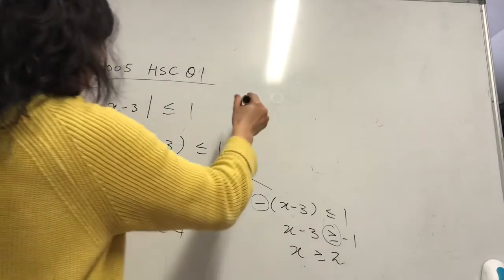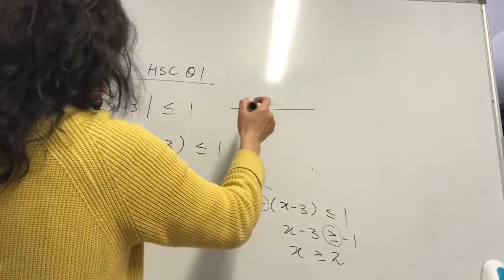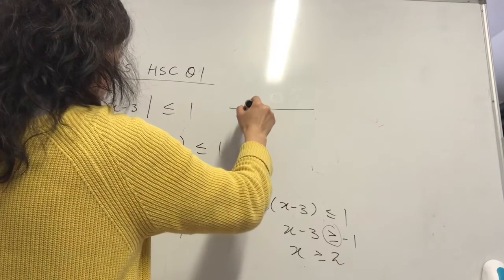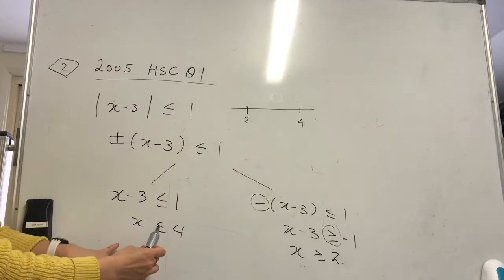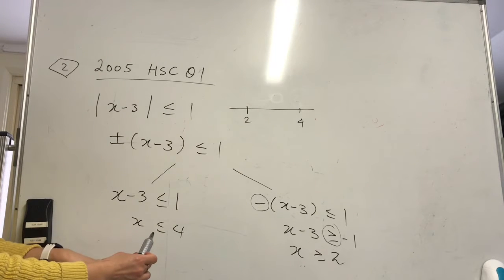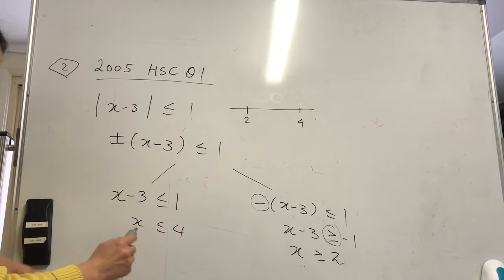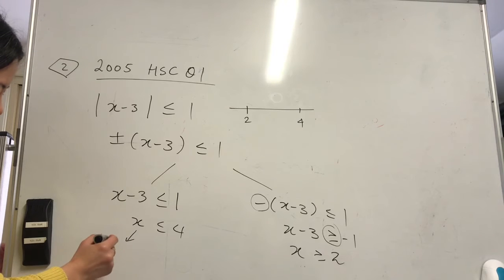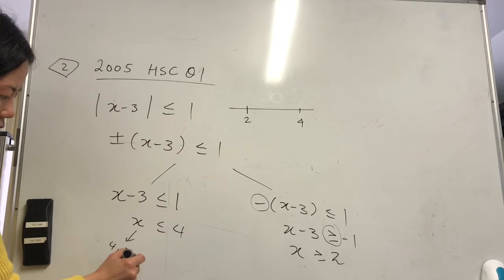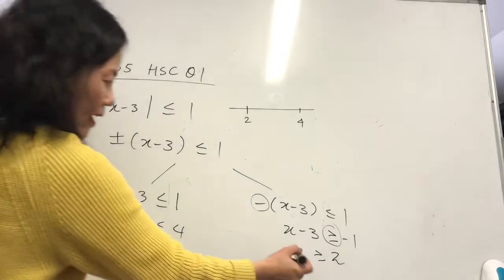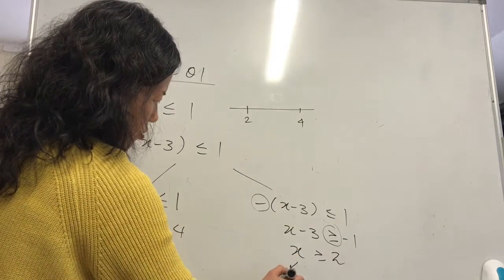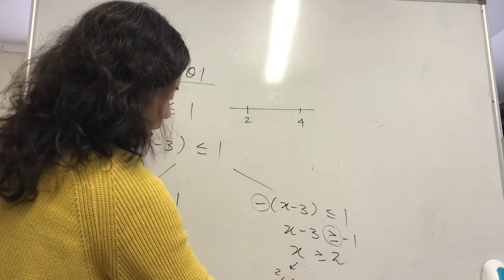And then what happens now, it's got 2, 4. Now x is what? Less than 4. Is that right? X is less than 4. So what does that mean? It'll be 4, 3, 2, 1, all the way. And x is bigger than 2. So it'll be 2, 3, 4, 5.